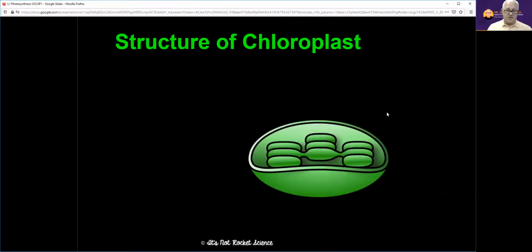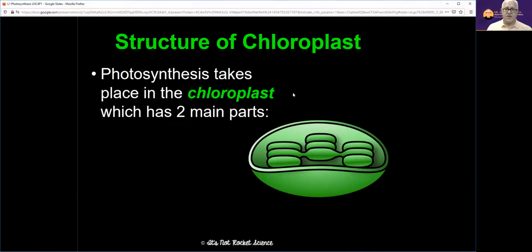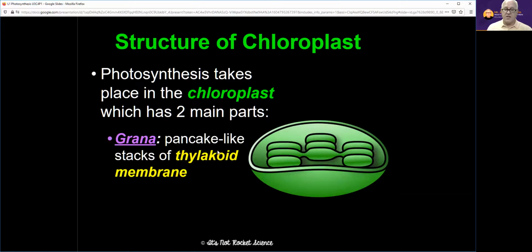Now, we talked about the chloroplast when we spent our time on cells, but let's dig into the structure of the chloroplast right now. Photosynthesis takes place in the chloroplast, which has 2 main parts. The first main part is the grana. These are the pancake-like stacks of thylakoid membrane.